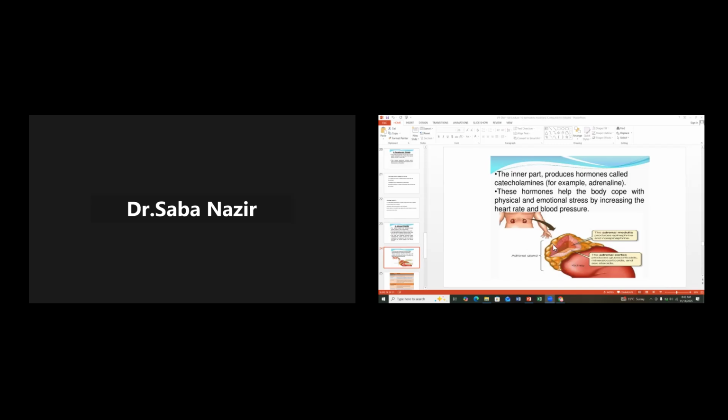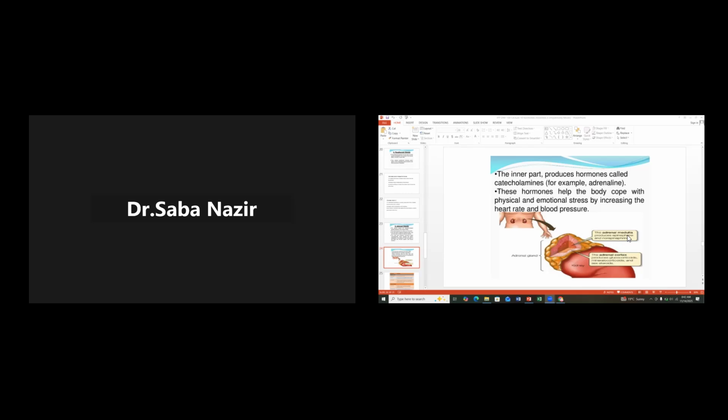You can see it is divided into an outer lighter color region, which is the adrenal cortex, and the inner darker region, which is the adrenal medulla. We need to be very specific about the adrenal cortex and adrenal medulla.